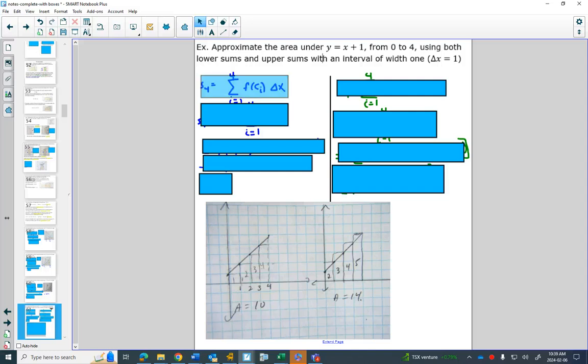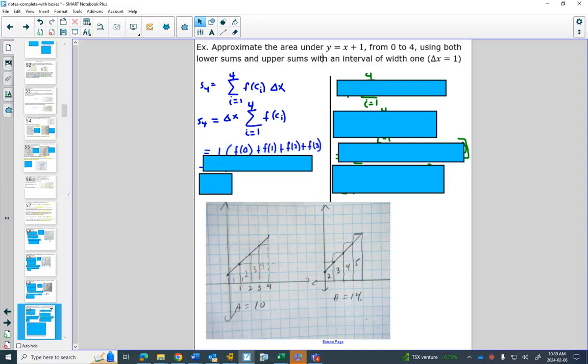So for our lower rectangles, those would be the ones where we always use the lower value of the rectangle. Each width of these is 1. Then you figure out f of 0, f of 1, f of 2, f of 3, and we get an area of 10.